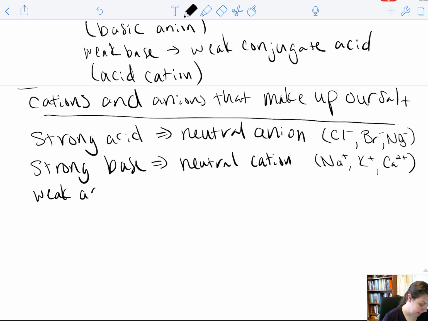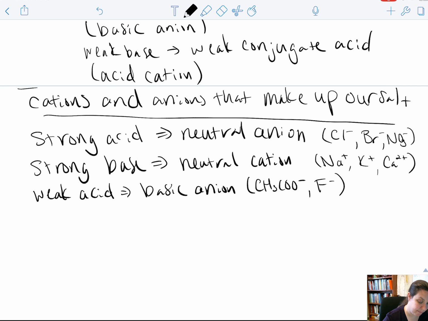With our weak acid, we have a basic anion, so something like CH3COO minus, or F minus.